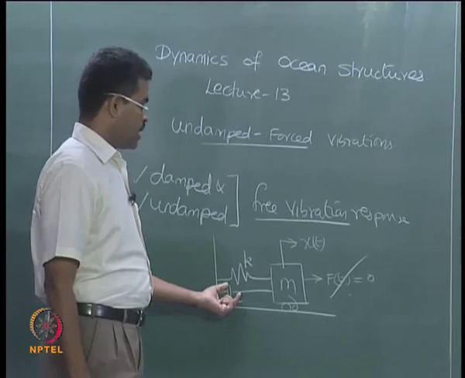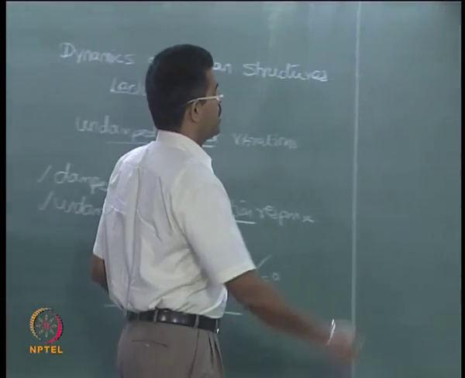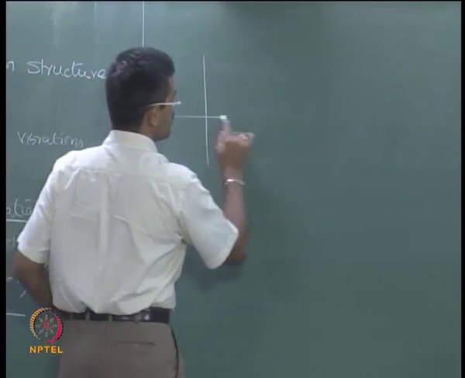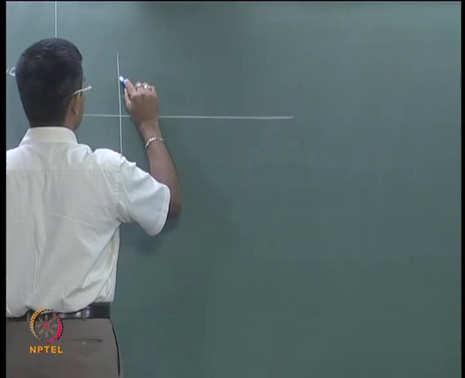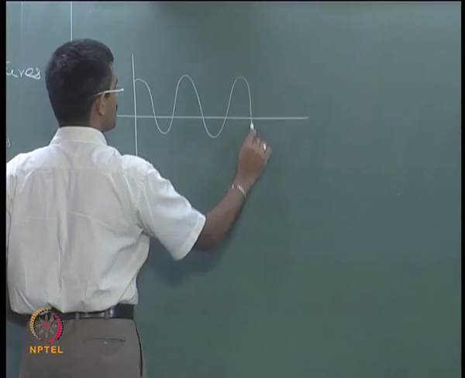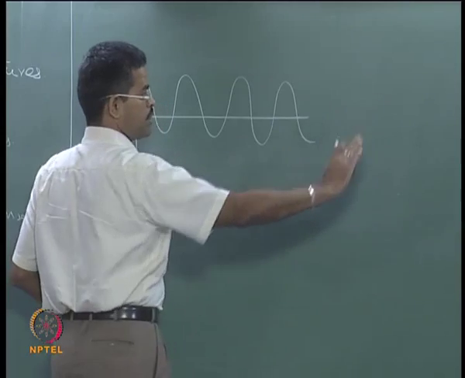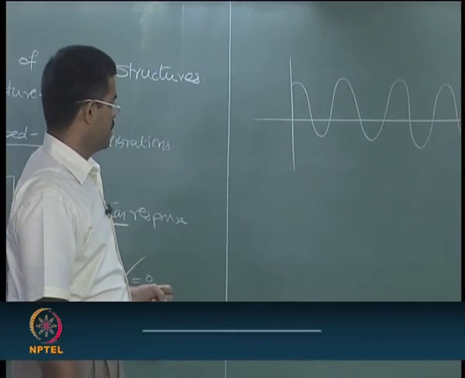So when the damping element is not present in the model, we already saw that the response for any specific initial value keeps on repeating its nature for an infinite period of time hypothetically.